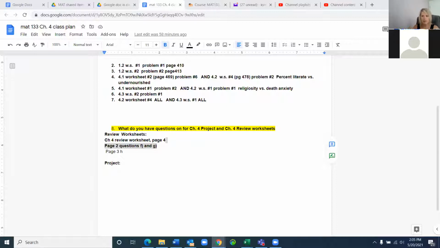The one last big topic we have not really talked about is the coefficient of determination, interpreting that, as well as our residual plots. So let's go to 4.3, worksheet number 2, problem number 1.